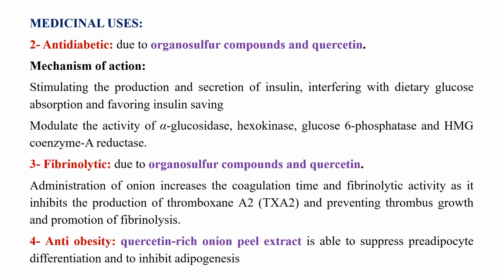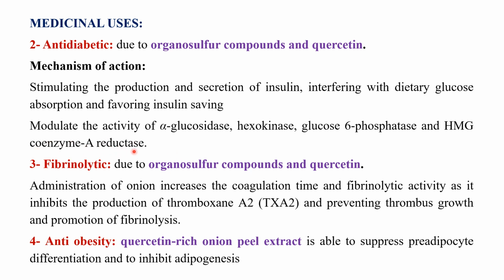Onions as well are very well known for their antidiabetic effect due to organosulfur compounds and quercetin. They stimulate the production and secretion of insulin, interfere with dietary glucose absorption, and favor insulin saving. Onions also modulate the activity of enzymes involved in the metabolism of glucose or carbohydrates, such as alpha-glucosidase, hexokinase, glucose 6-phosphatase, and HMG-CoA reductase.